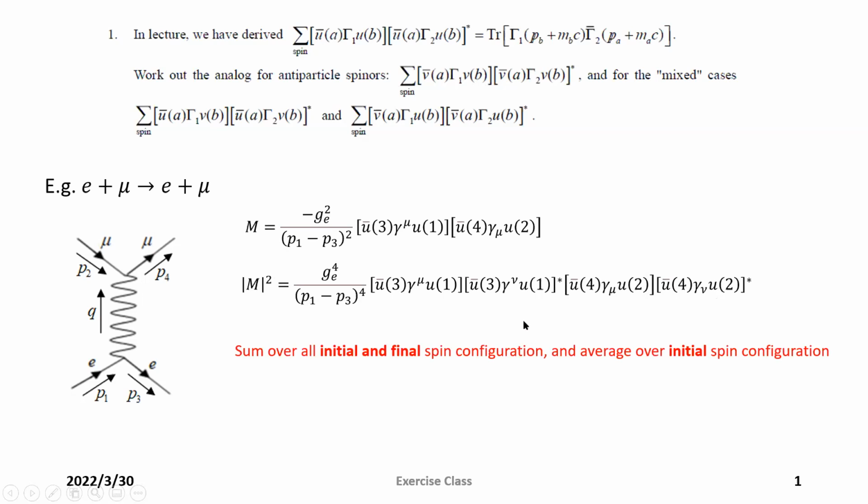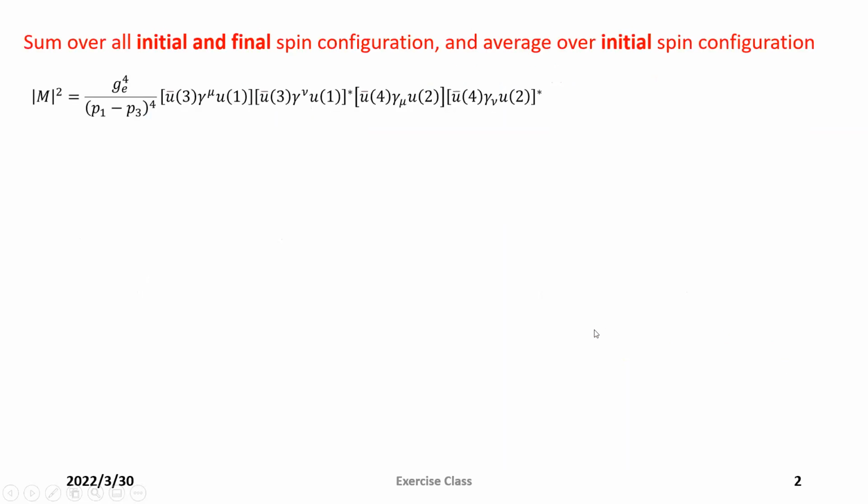And the next thing is to sum over all the initial and final spin configurations and average over the initial spin configurations. If you don't understand what this means, I can explain once again here. In this example, we have electron-muon scattering.